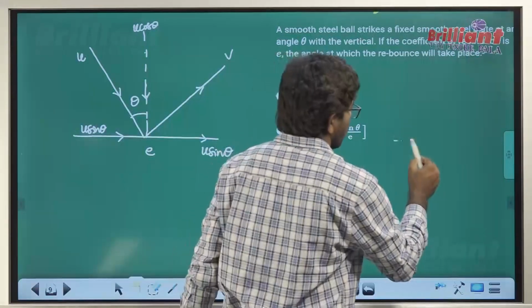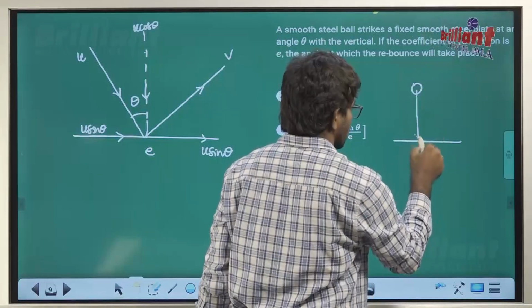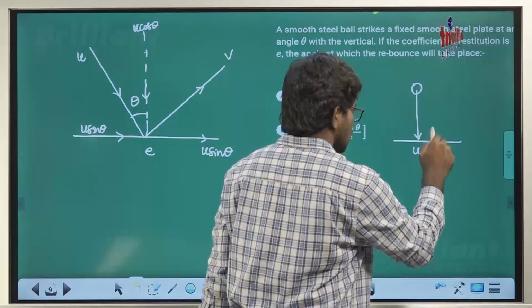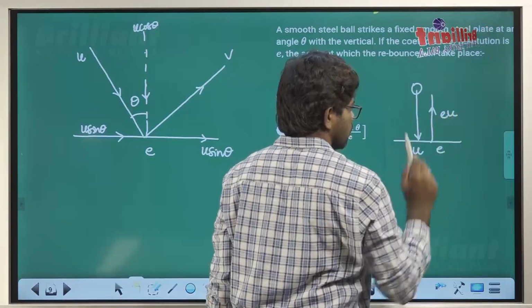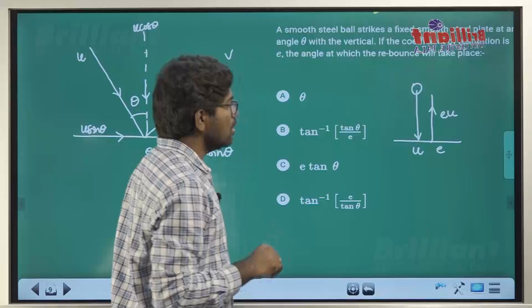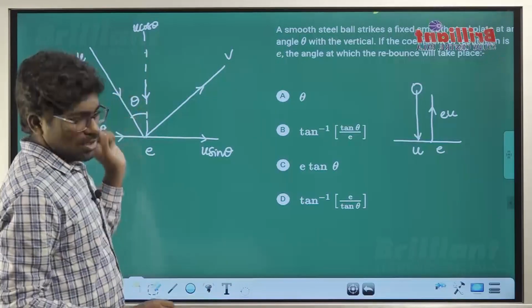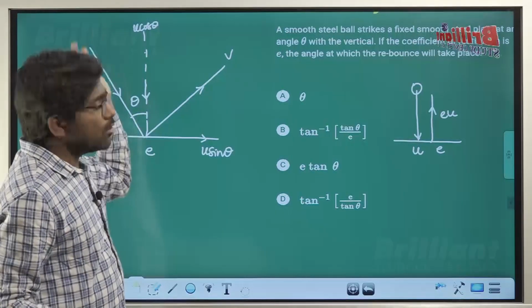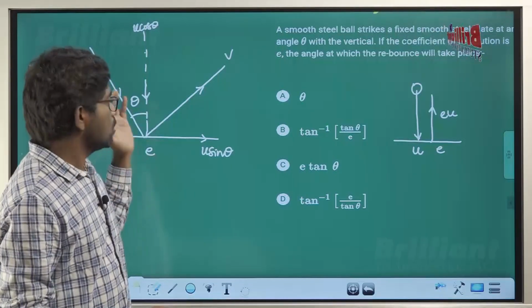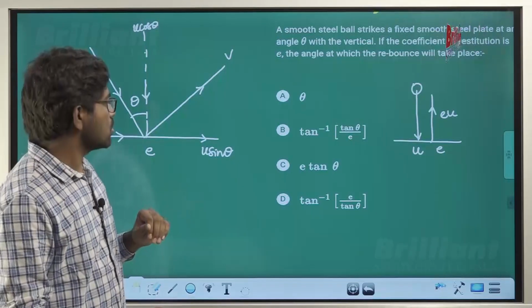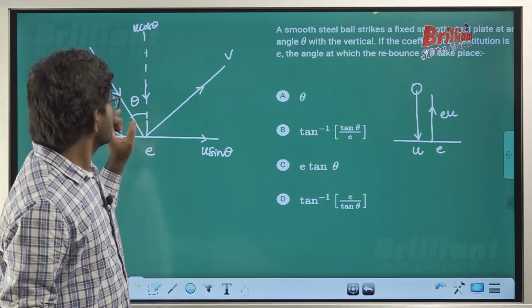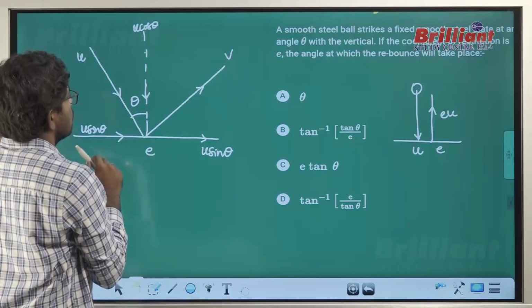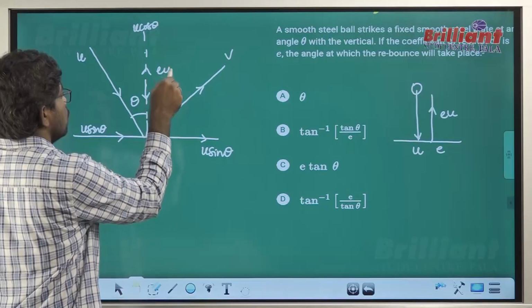See, if a ball is falling here with speed u, and the coefficient of restitution is E, then it will bounce back with E u. Similarly, if it is coming with u cos theta, then it will bounce back with E u cos theta. Understand? So it will bounce back with E u cos theta.